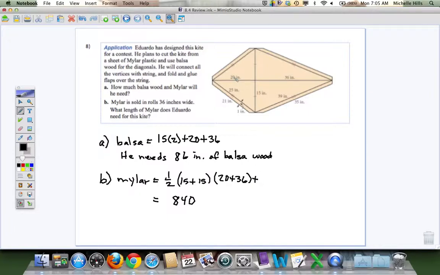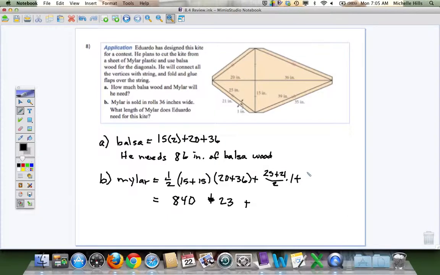So for the smaller trapezoid, the two bases are 25 and 21, so 25 plus 21 divided by 2, that average width, and then times 1 because this is 1 inch wide. So that's going to end up being 23, plus 23 plus these two trapezoids.